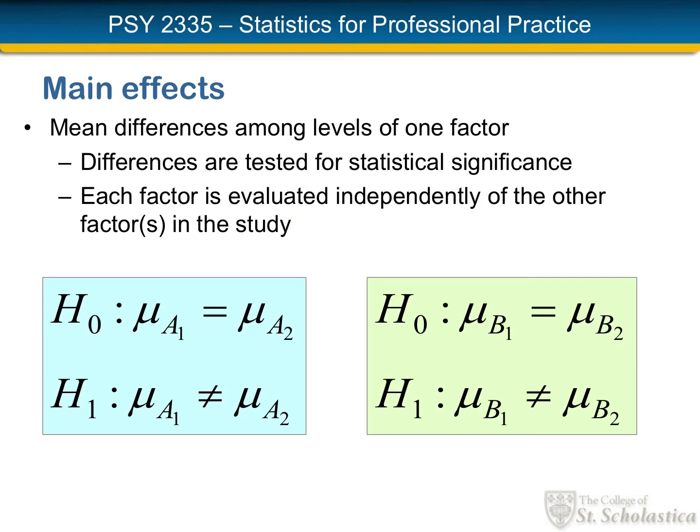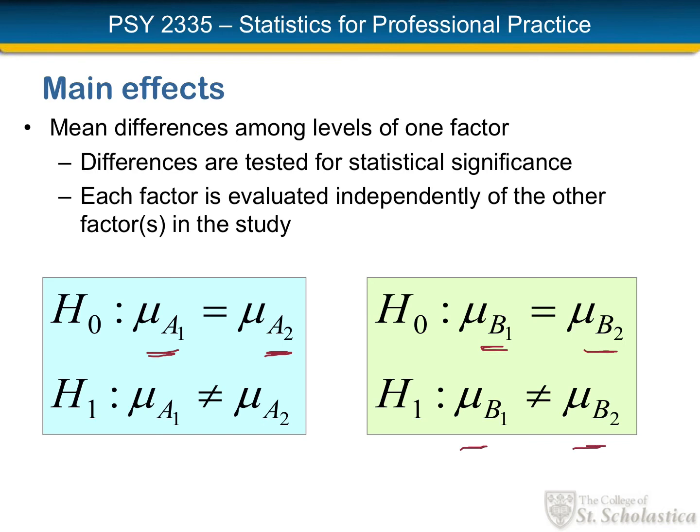So one set of hypotheses looks at whether the mean in group A1 is the same as the mean in group A2. Our null hypothesis would be yes, they are the same. Our alternate hypothesis would be that they differ. If we had only 2 groups for B, we would be hypothesizing that they were equal, or alternatively that they were different.